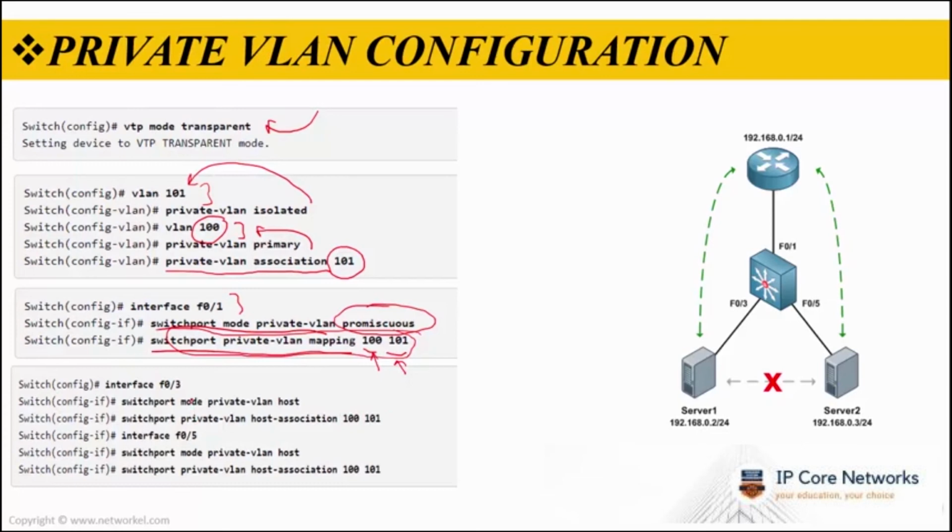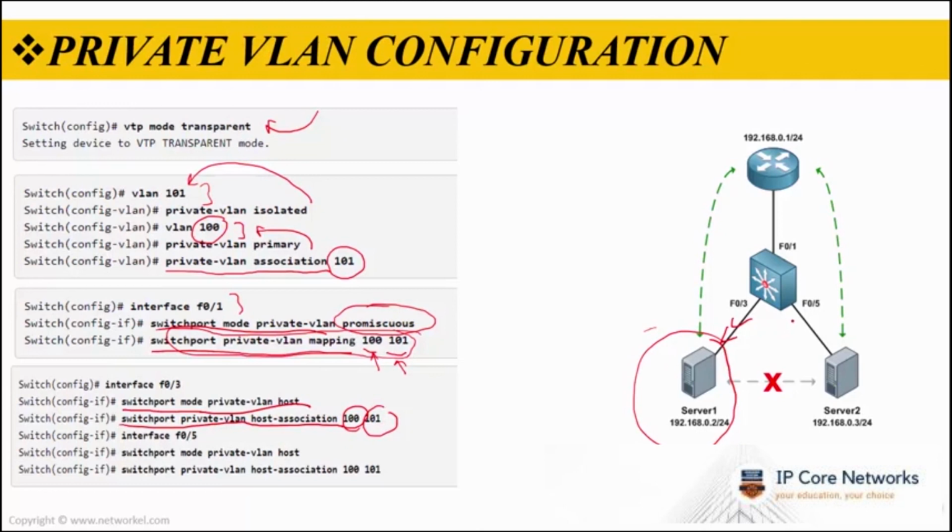The last step is we're going to the interface FastEthernet 0/3 for example, and that's this port, and we are using the switchport mode private-vlan host command to define that here is a host port, and we are using switchport private-vlan host-association with 100 and 101.